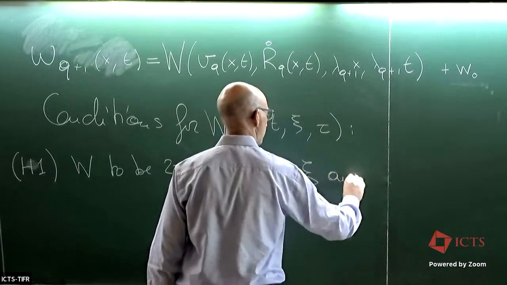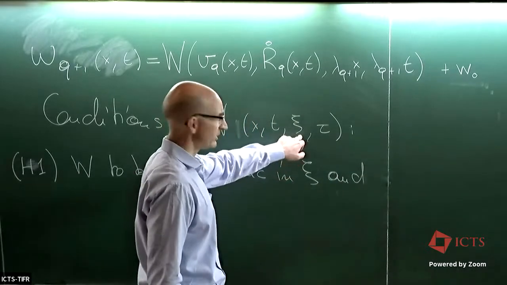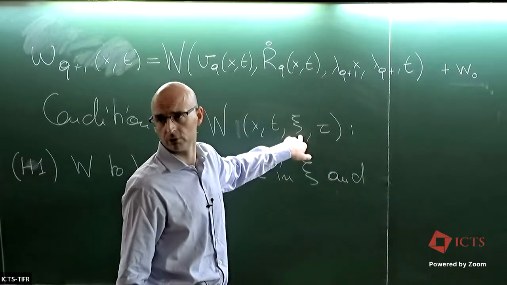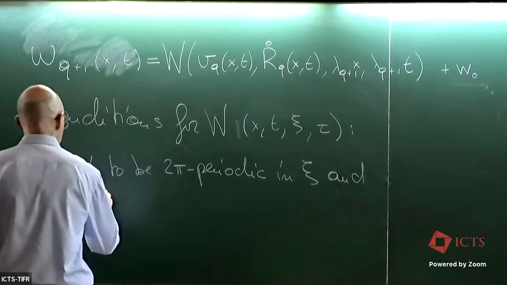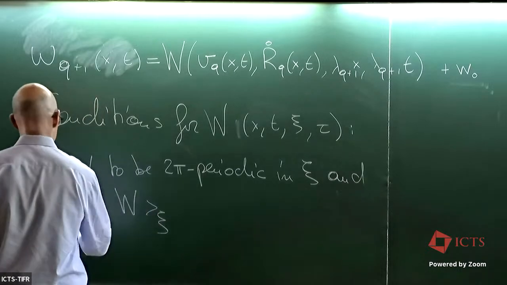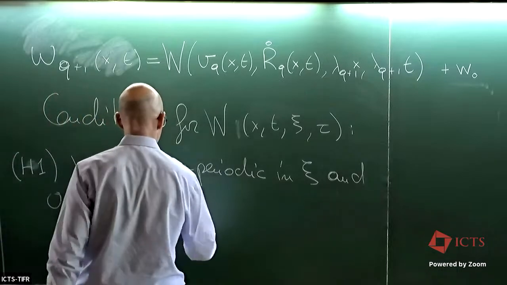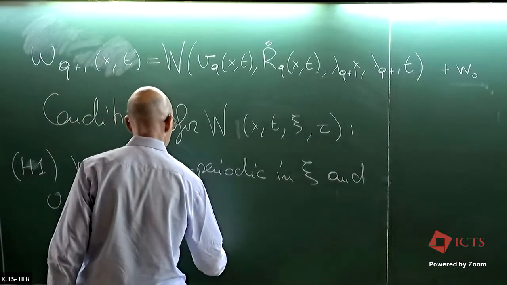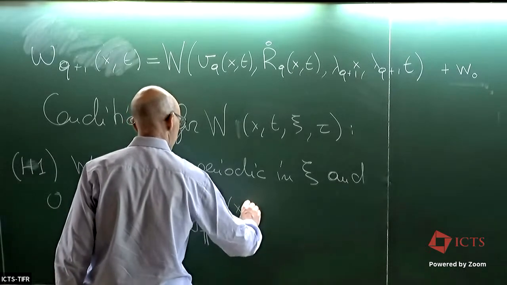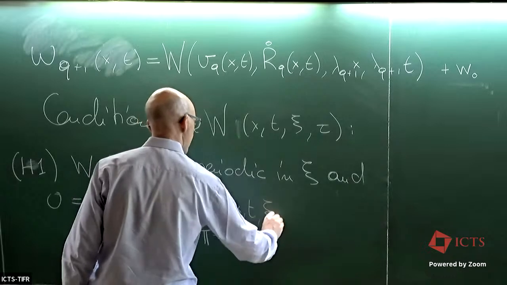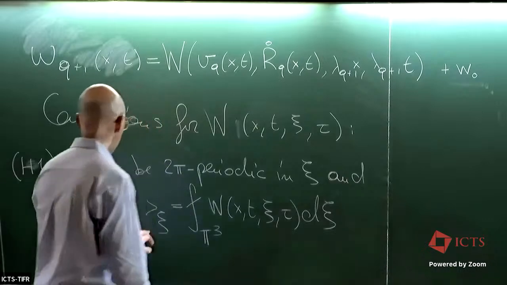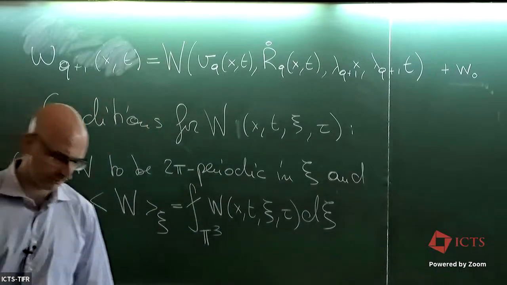And remember that when we were expanding in Fourier series in psi, we wanted the zero mode of the Fourier series to disappear, to be 0. And of course, that means that the average of w in psi is equal to 0. Okay, so what do I mean by this? By this I mean just the average over the periodic torus of w of x, t, psi, and tau d psi. So that's what I'm always going to mean by putting this thing over there.